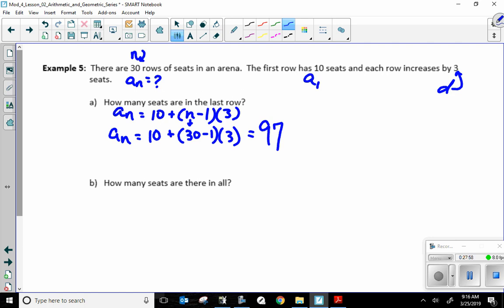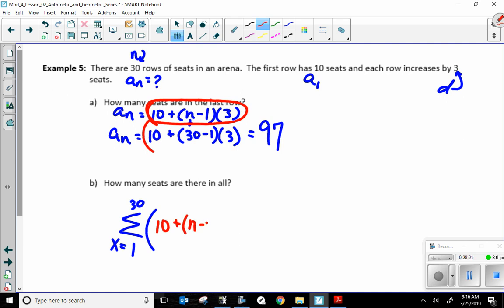So how many seats are there in all? Summation. Starting at the first row, going all the way to the 30th row, and without simplifying, I'm going to go ahead and use this. This is my expression right here. I'm going to say 10 plus n minus 1 times 3.